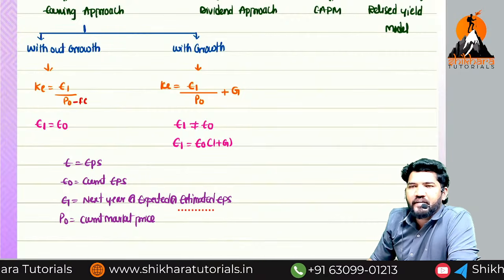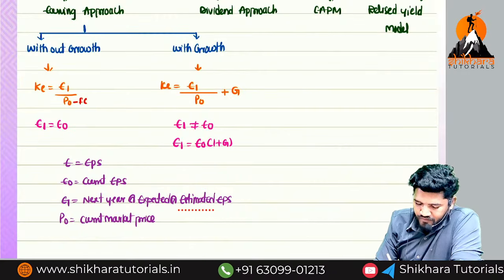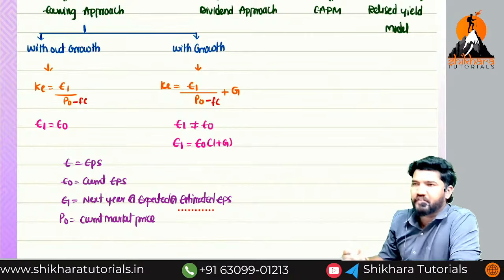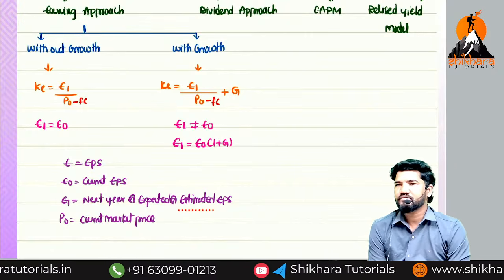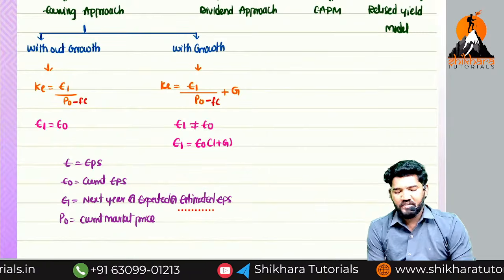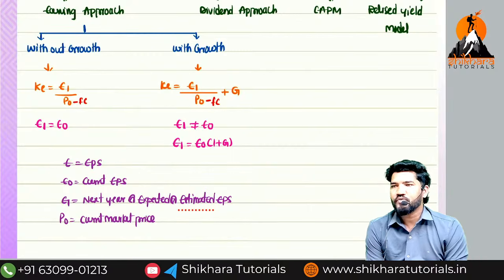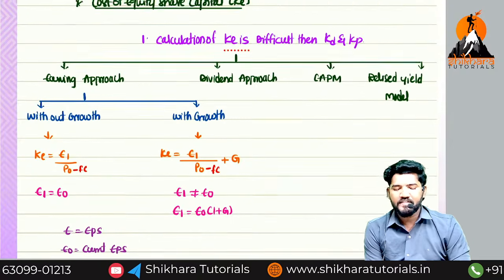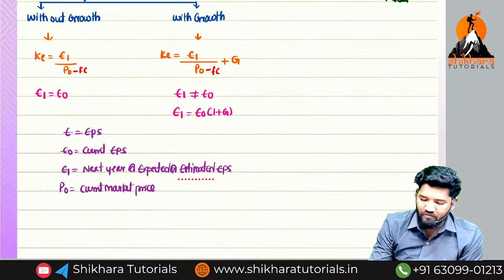We directly deduct from the market price. Here also, if there is a flotation cost, you have to deduct it directly from P0. This is about the earning approach. Clear? But this method we are not using anywhere. We are using the dividend approach maximum. Okay. Now here also valuation is there.